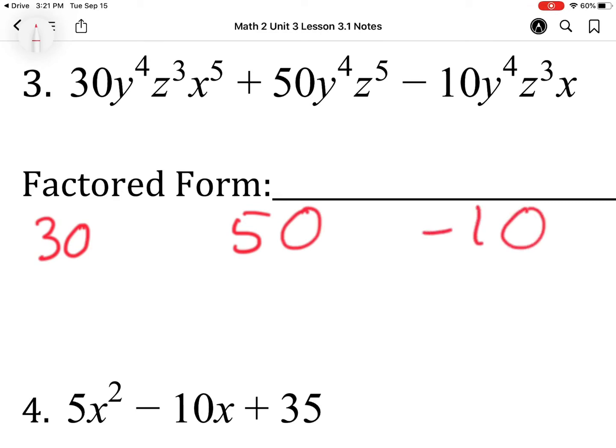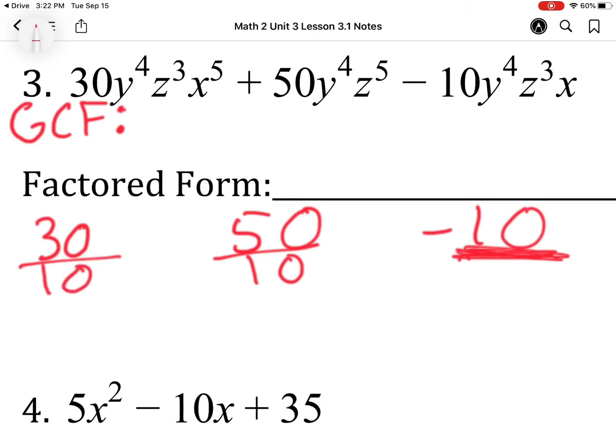Hopefully we can see that our GCF, number-wise, is 10, because I can take the smallest number and divide everything else by it and get whole numbers. So that's why my GCF number-wise is going to be 10.